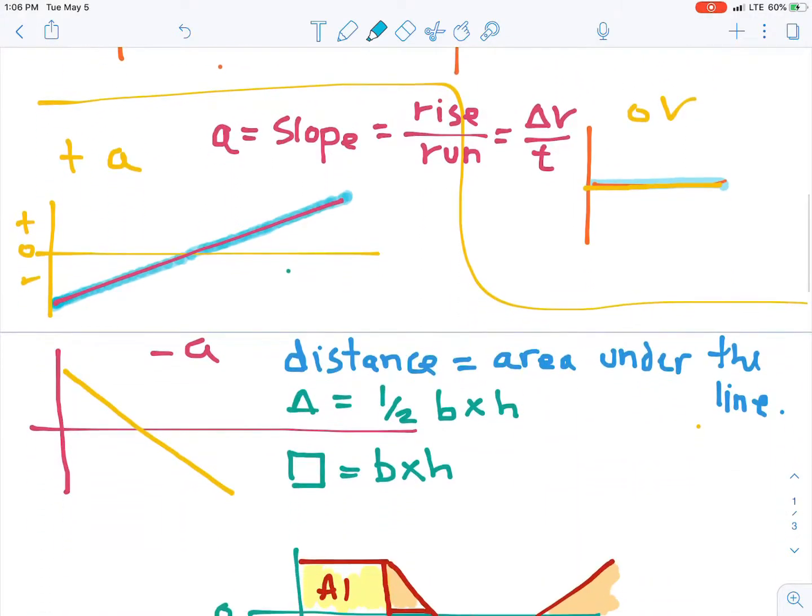Finding the distance. Oh, here's negative acceleration. Let's do that first. Negative acceleration is the same idea, but the line is a negative slope. Slope of the line on a velocity time graph is acceleration. So we're going really, really fast forward and we slam on the brakes and we stop.